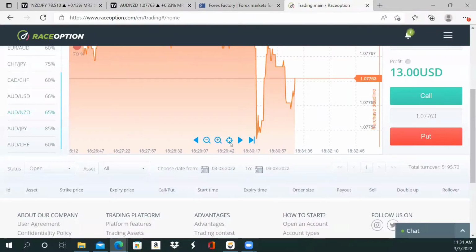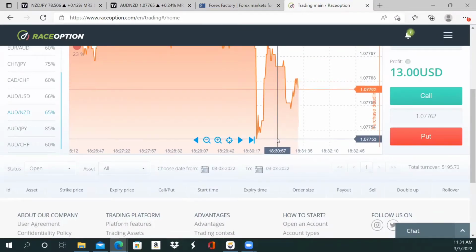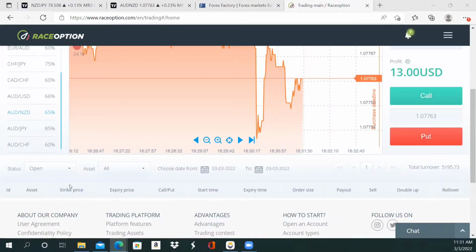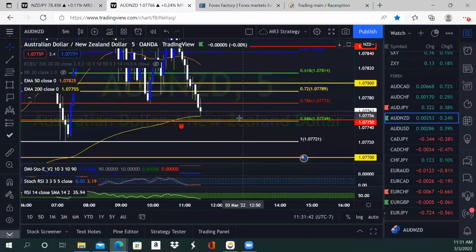Yeah, it's coming down. He used it here.